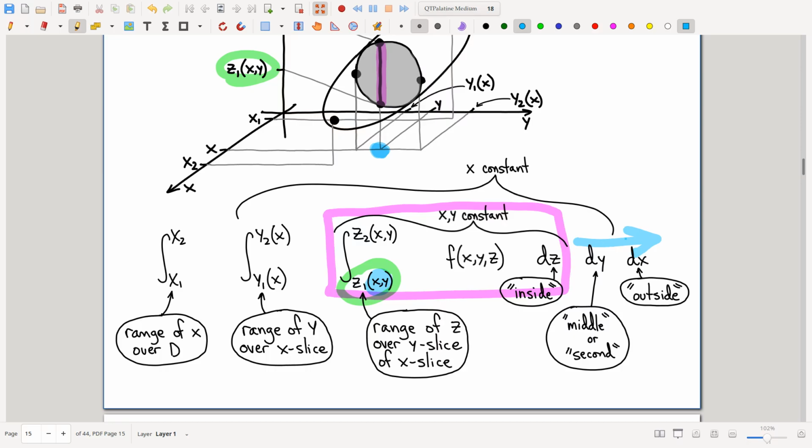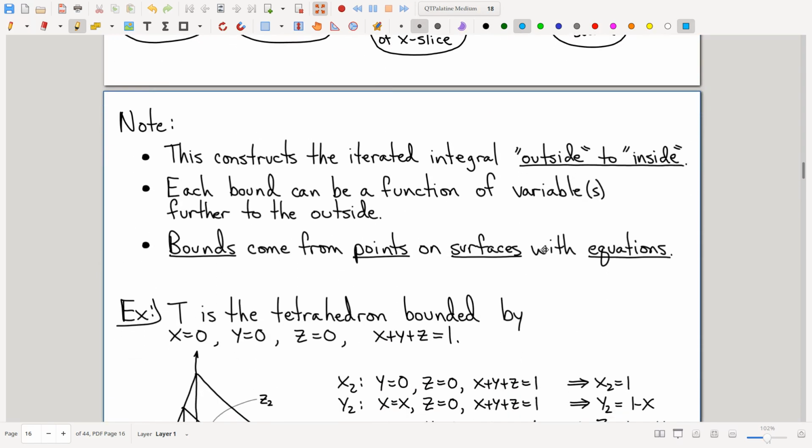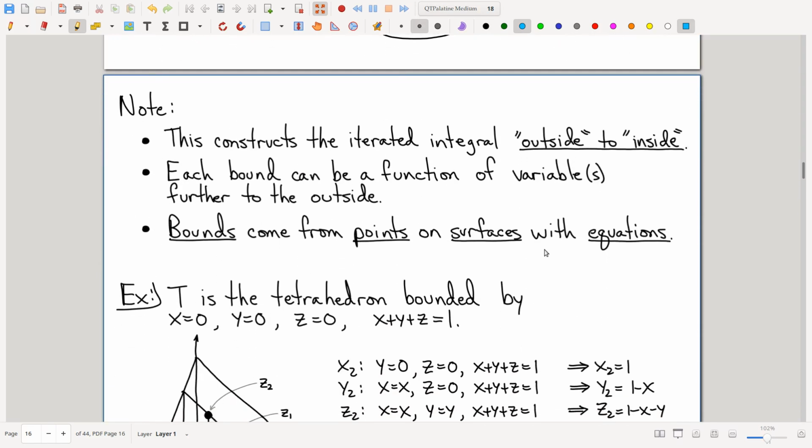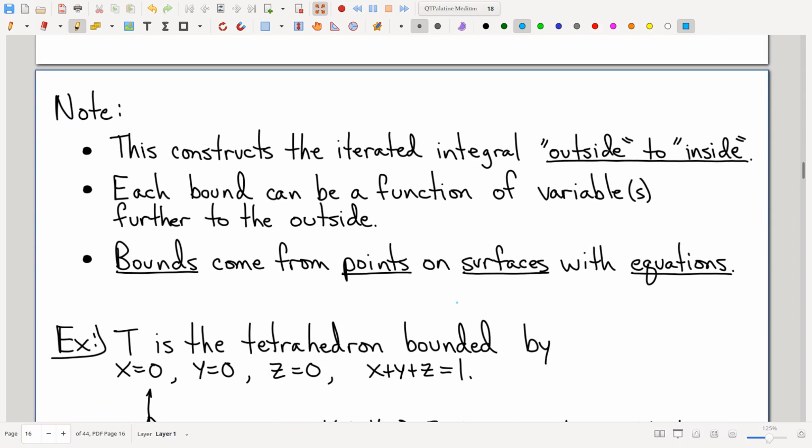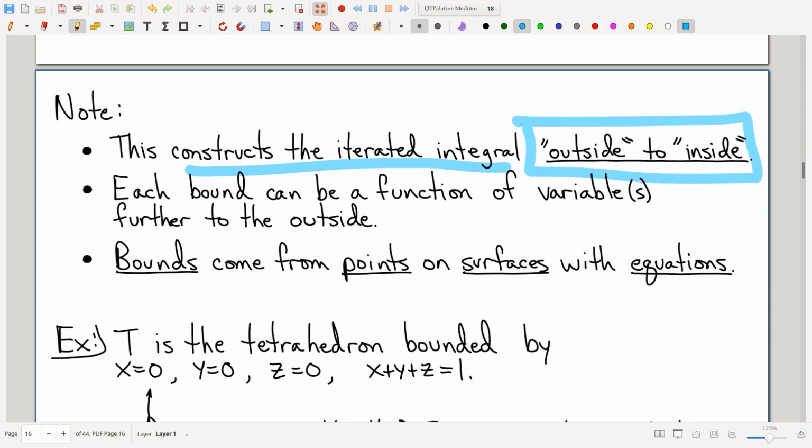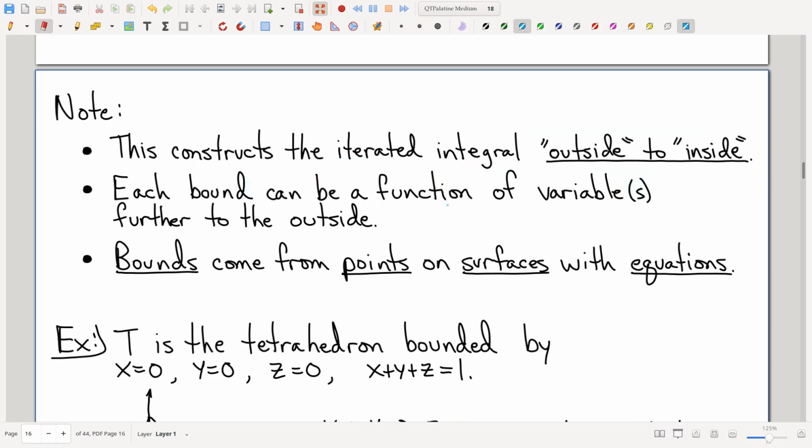All right. Now a couple of little points of advice. These are totally ripped off from the double integral discussion. We always construct the integral outside in. That's very important. As we just discussed, the bounds can be functions of the further to the outside variables.